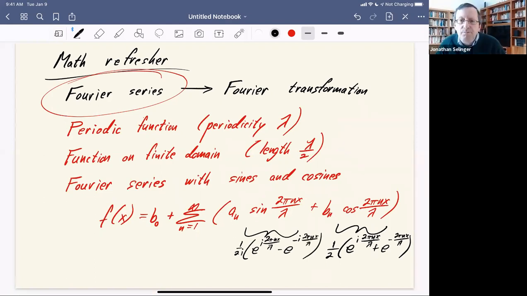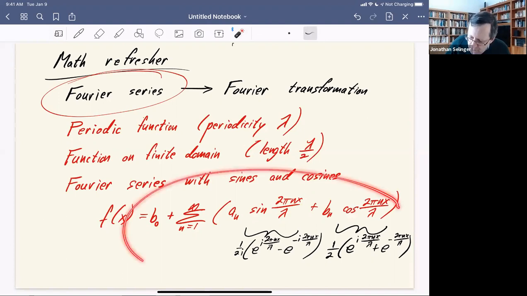So we'll say, I don't like sines and cosines, I want to do everything with complex exponentials. That'll work.